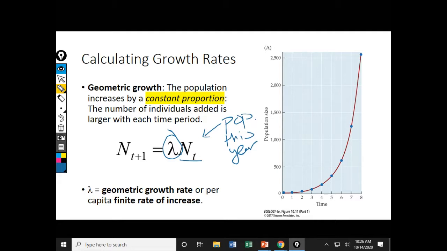We can take the population of this year times our growth rate and know the population of next year. This is basically just the inverse of the equation we talked about on the definition page, right? All we did was move it around. Not so terrifying.